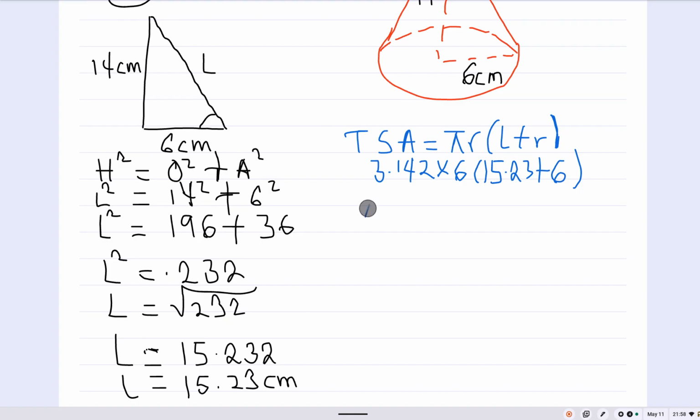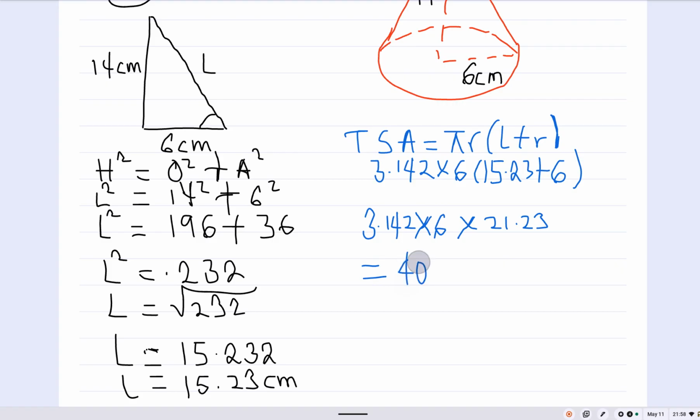So we have 3.142 multiplied by 6, then multiplied by the bracket, which means multiplication. 15.23 plus 6 will give us 21.23. So if we multiply these 3 together, 3.142 times 6 times 21.23, that will give us what?